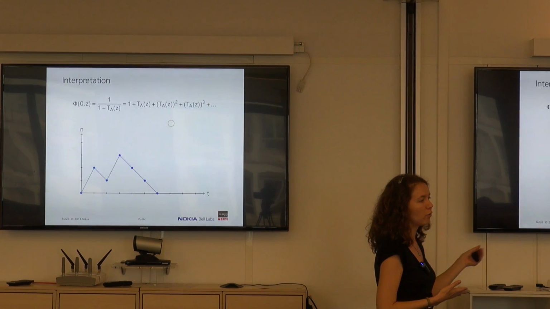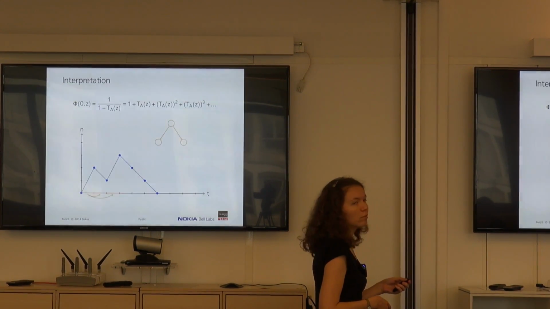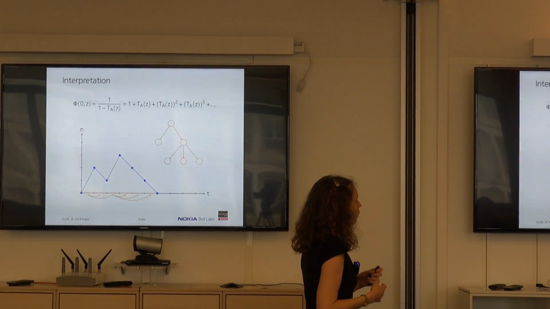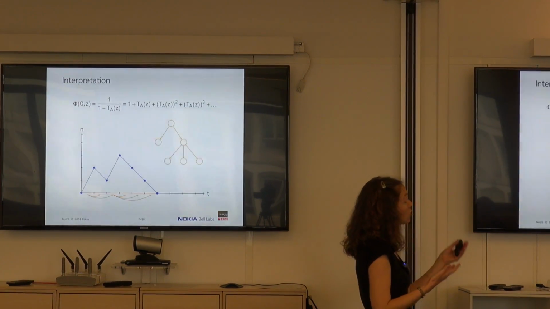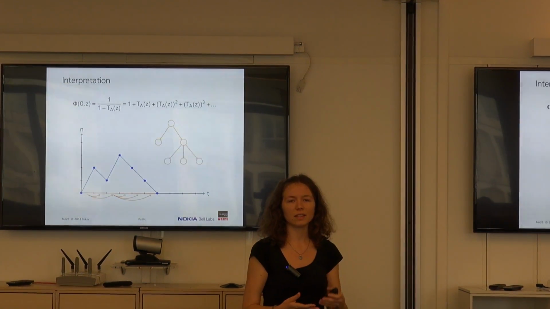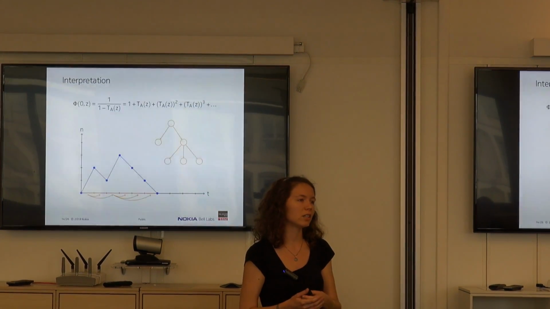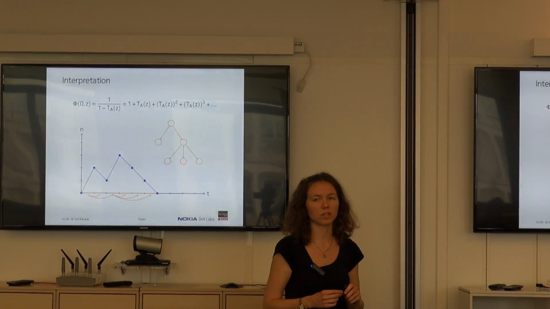If we do FIFO processing, then these 2 customers will be processed during the next 2 time slots, and so on. Therefore, we can build a tree, and the distribution of the number of children in this tree is given by A, the generating series of the number of arrivals during one particular time slot.